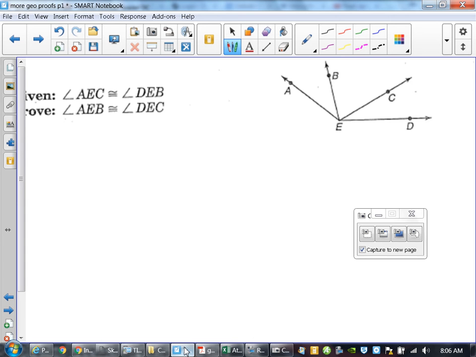According to your diagram, you have angle AEC is congruent to angle DEB. So according to our diagram, we have two larger angles that are congruent to one another. We want to show that the two smaller angles are congruent to each other, which means, what do you have to back out?